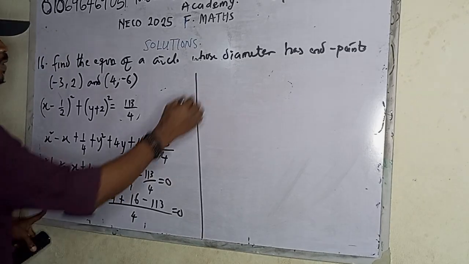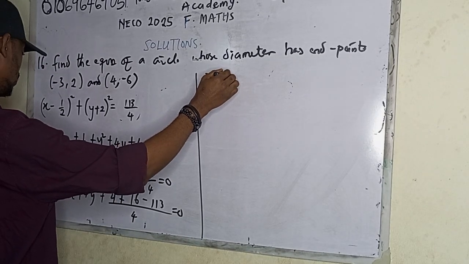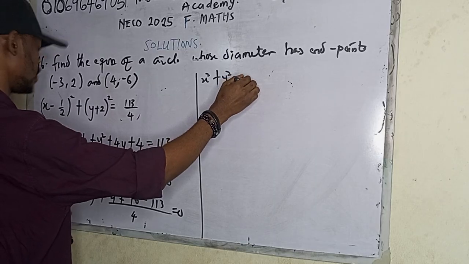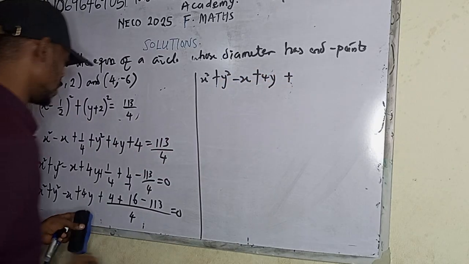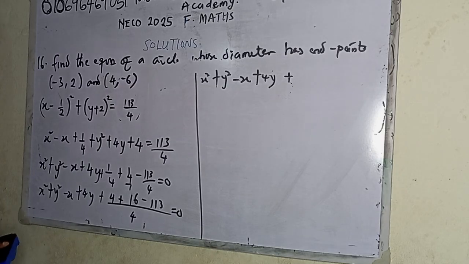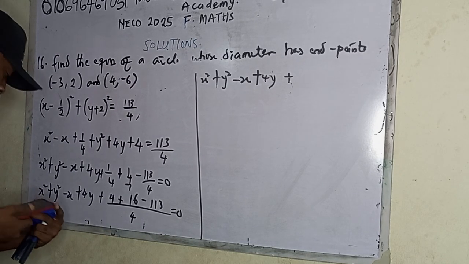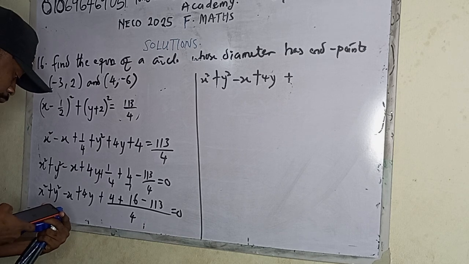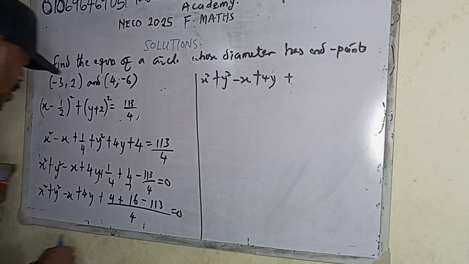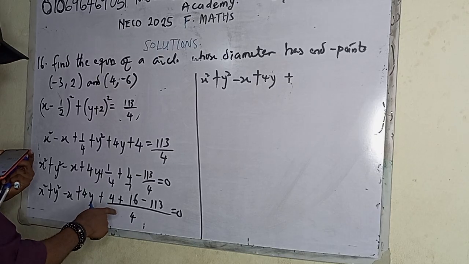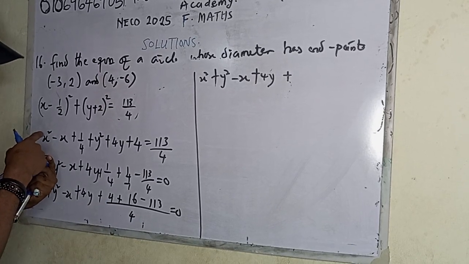Then I'm just going to write all of this back. x squared plus y squared minus x plus 4y plus 16 plus 4. That's going to give me 20. So 20 minus 113, that's going to be 93.